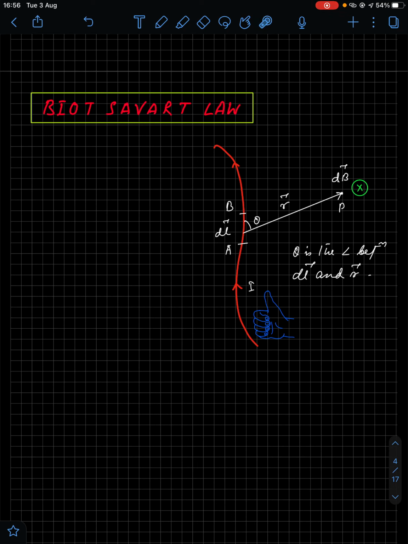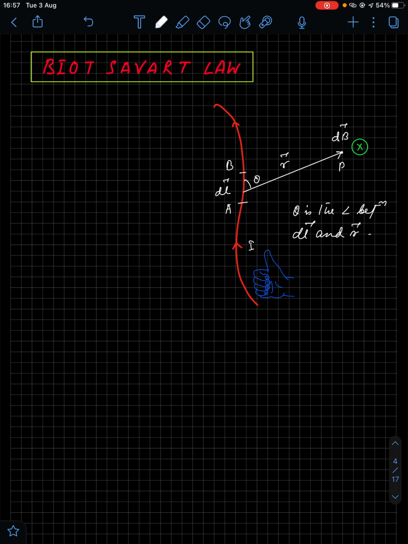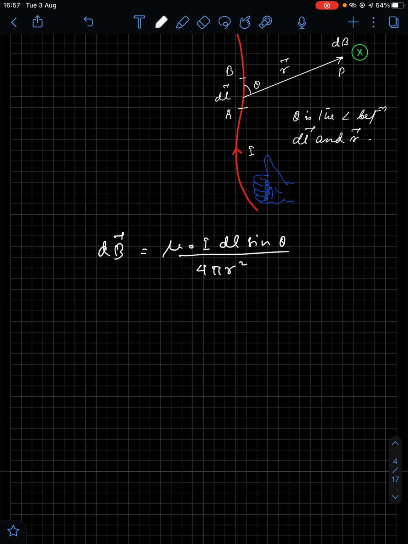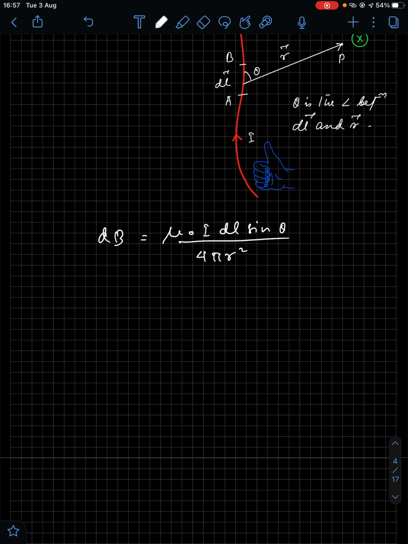To find out the magnetic field at the point P due to this current carrying wire, in accordance with Biot-Savart law, we have dB equals mu naught I dl sine theta by 4 pi r square. This is in the scalar form.